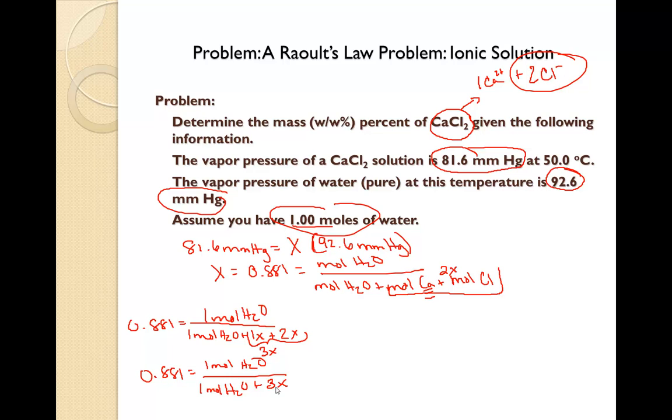So I'm going to multiply both sides by 1 plus 3x. I'm taking out the words moles of H2O here just to simplify things mentally. So let's distribute the 0.881.